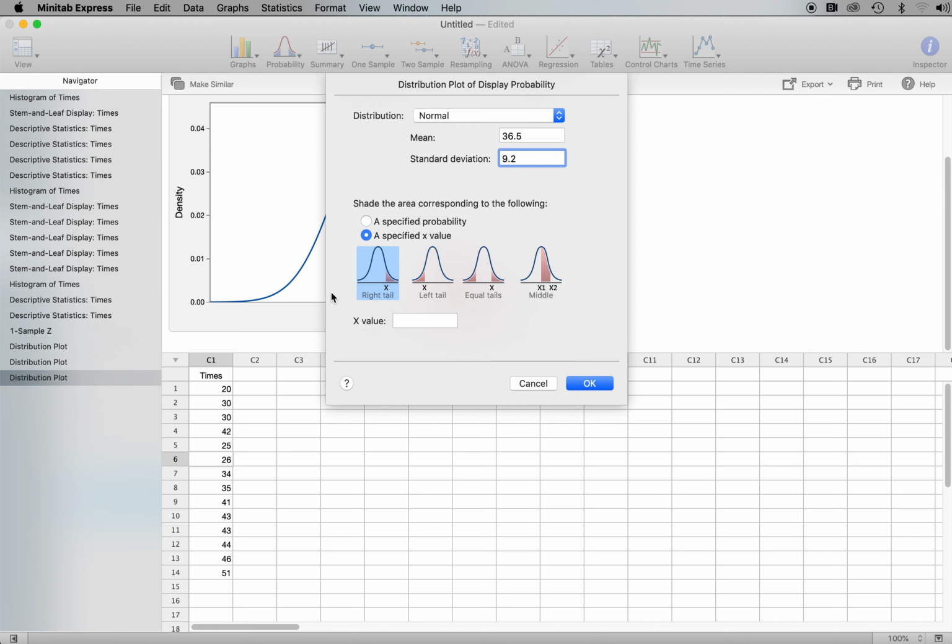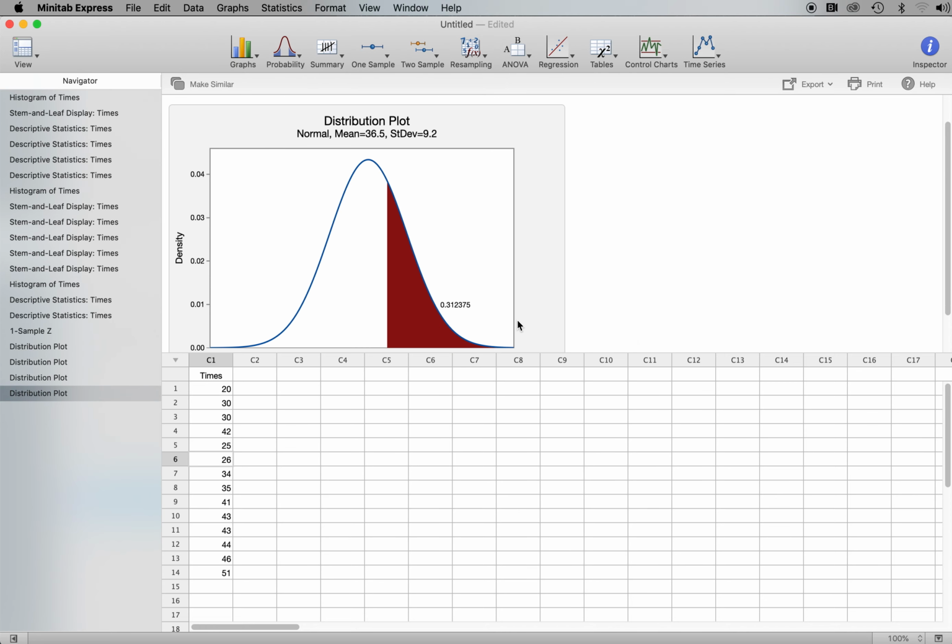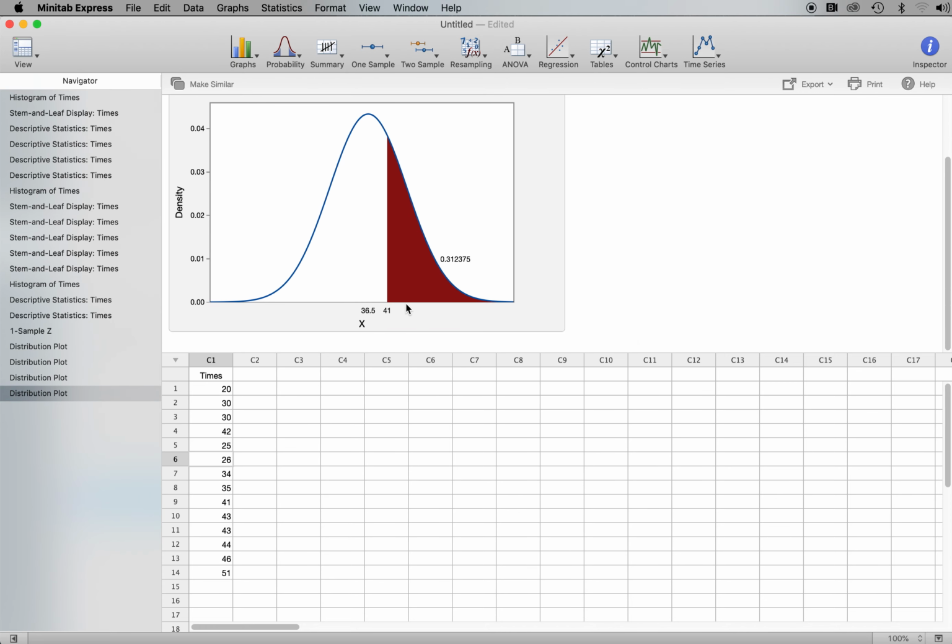So let's say I want to know the probability that my time is greater than 41 seconds. I'm going to enter 41 and do a right tail test. This tells me I have a 41 here and 31%. So there's a 31% chance that I have a time greater than 41. That is somewhat probable, right? 31%, not a great probability, but not a terrible one either.